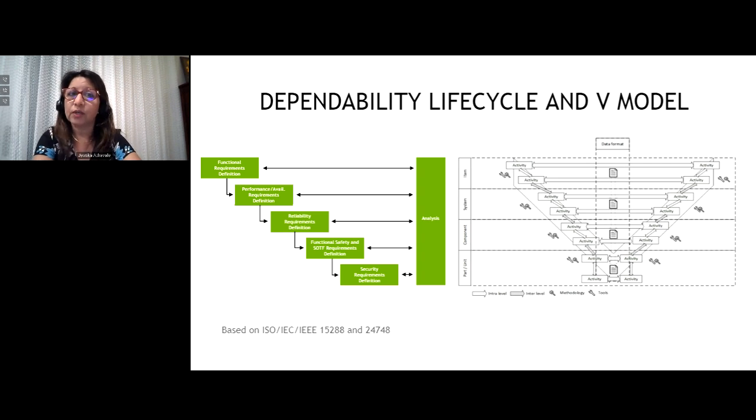These activities could relate to intra or interlevel interfaces, and also each activity could be linked to specific methodologies and tools that need to be executed during that phase.